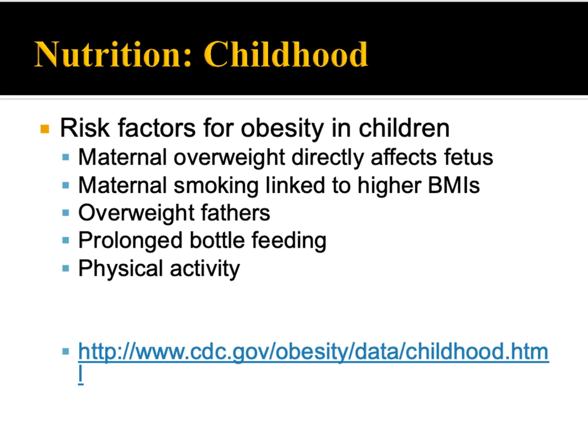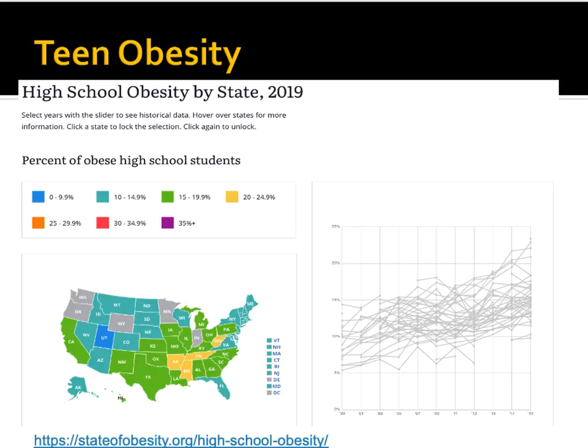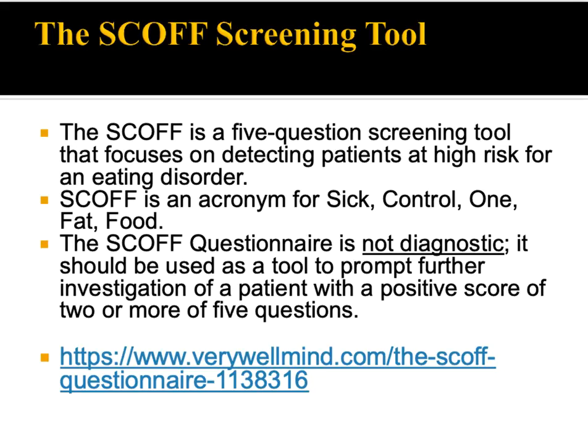Prolonged bottle feeding can lead to babies having a tendency to be more overweight, and a lack of physical activity. That makes sense, right? That's intuitive. Just one more graphic. This shows high school obesity by state. It just gives you a visual indication of what we had just talked about.